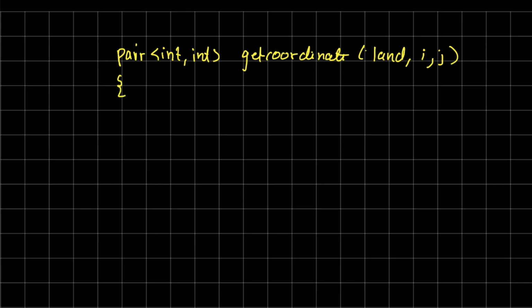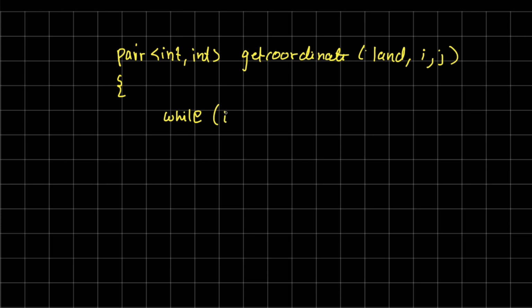So now what we will do is, while we move i to the right side until it is 1 or it goes out of bound.